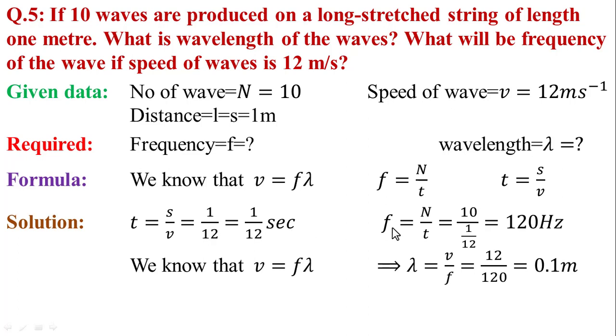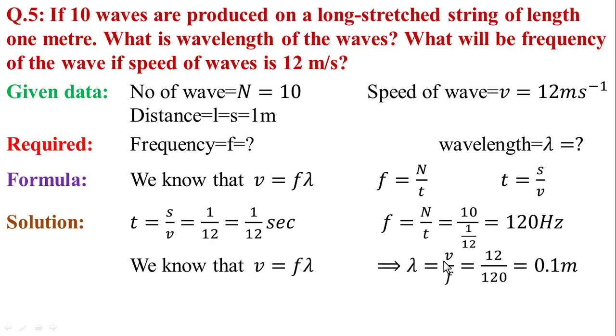Now we can find the frequency. According to the definition, frequency is equal to the number of waves with respect to its time. Number of waves is equal to 10 and time t is equal to 1 upon 12. The ratio is multiplied on the other side, so 10 multiplied by 12 is equal to 120 hertz. We know that v is equal to f lambda, then lambda is equal to v upon f.